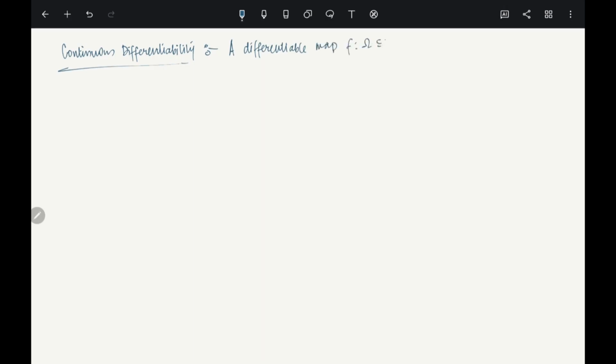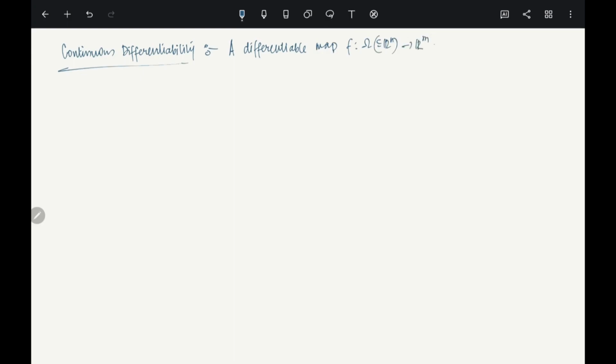Just before I finish, we need to know the concept of continuous differentiability. So what is it? You are looking at a differentiable map f from omega, a subset of Rn, to Rm.